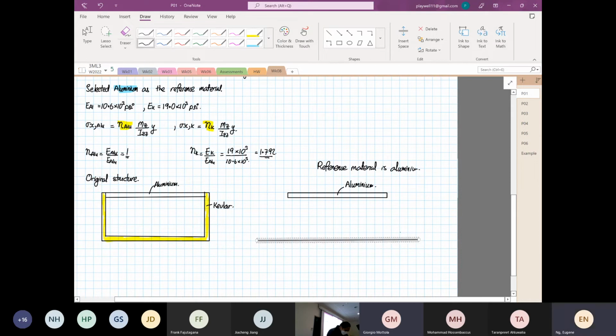So what this means is now we replace the entire structure to become Kevlar. Sorry, aluminum. Okay, so to replace everything with aluminum, the part that's Kevlar needs to be what? Bigger. Yes or no? Right?